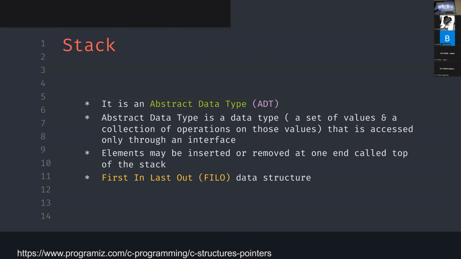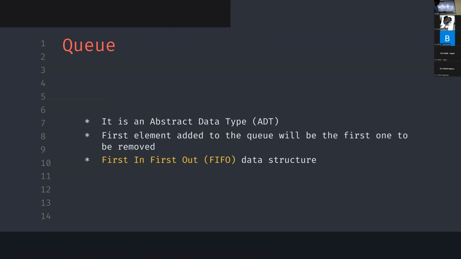right? So here in stack it is first in, last out. That means the first initialized element will be going out at the last move, right? But what happens in queue is the first initialized or first inserted element will be the first to pop out, right?